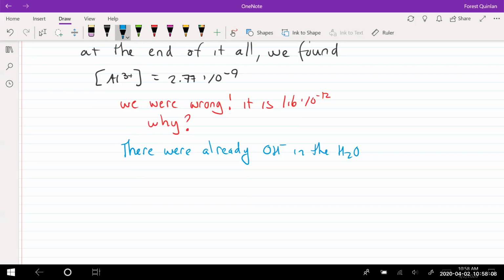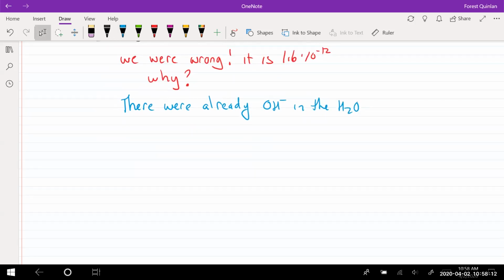So how does that affect things? Well, if you have H2O going back and forth to make H plus and OH minus, let's just remind ourselves that the Kw is equal to 1 times 10 to the minus 14.